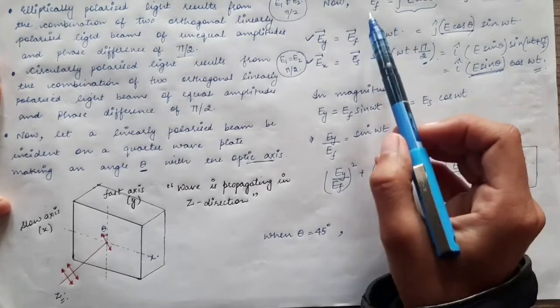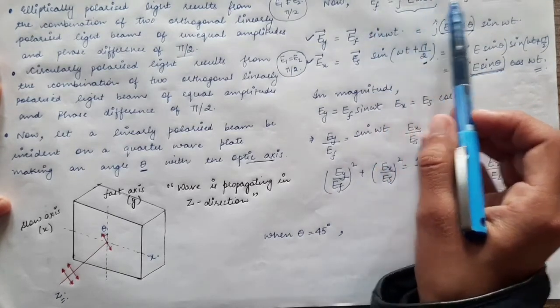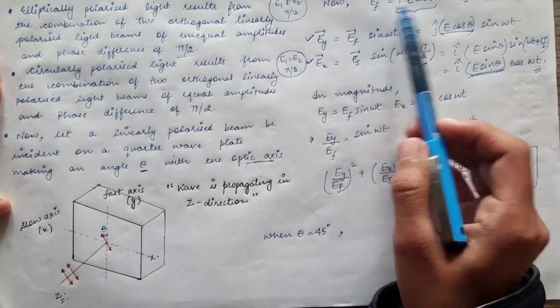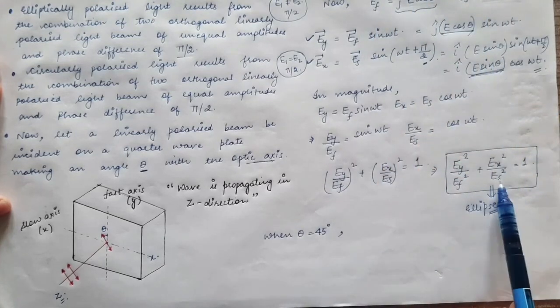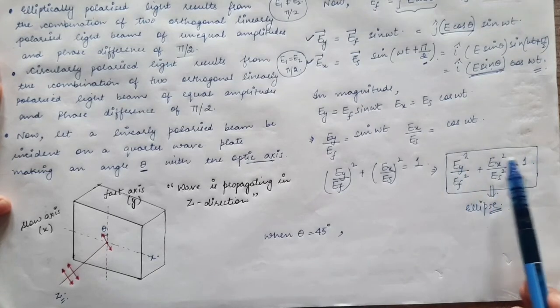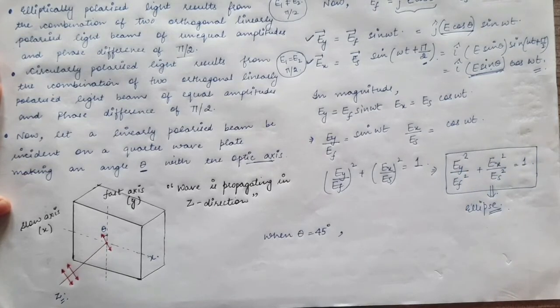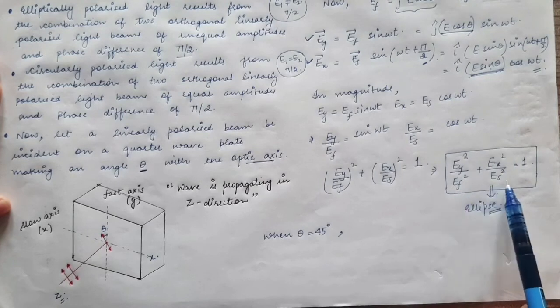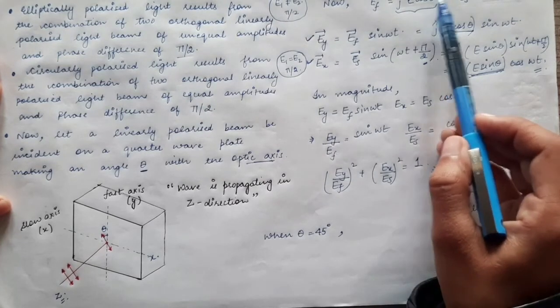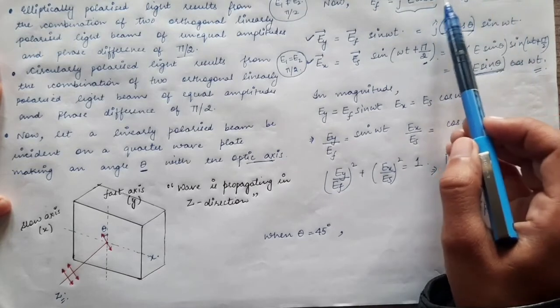And that happens when theta is equal to 45 degrees. So EF should be equal to ES for the case of circularly polarized light. Only then this equation will be converted into the equation of a circle. EF will be equal to ES when theta is equal to 45 degrees.